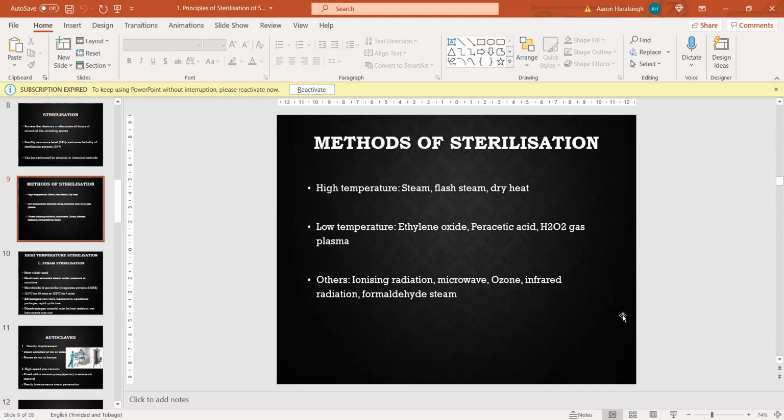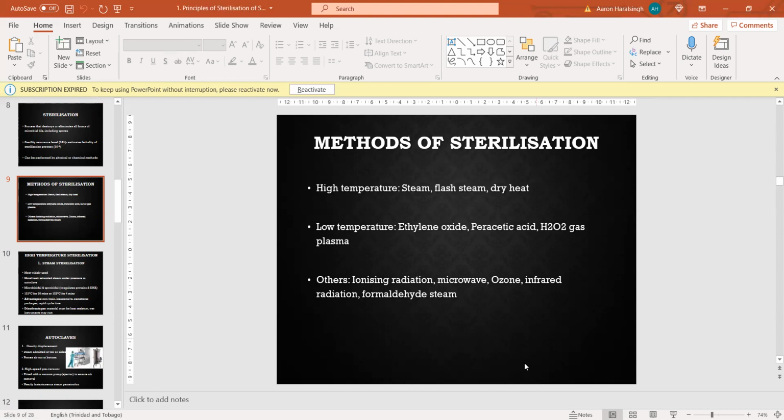And the chemical methods, especially ethylene oxide, work by alkylation of the phospholipid chains, and it leads to disruption of bacterial cell membranes and ultimately death of these microorganisms.